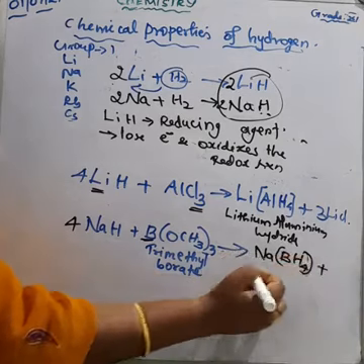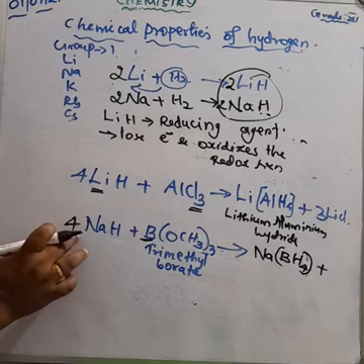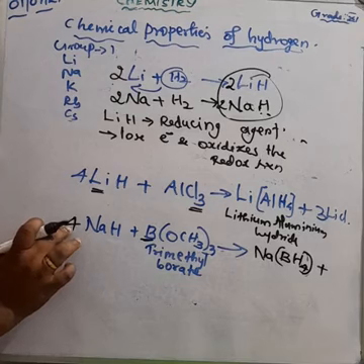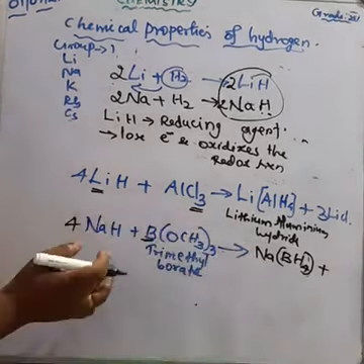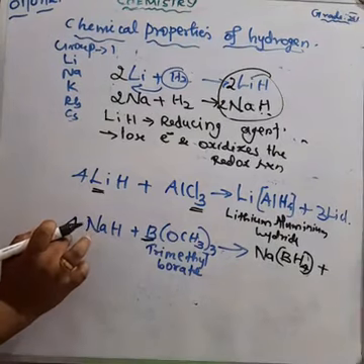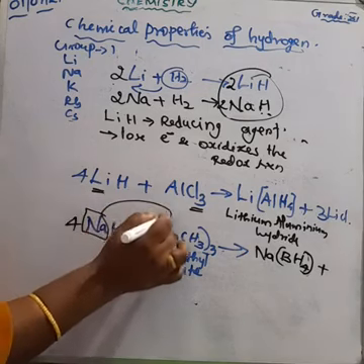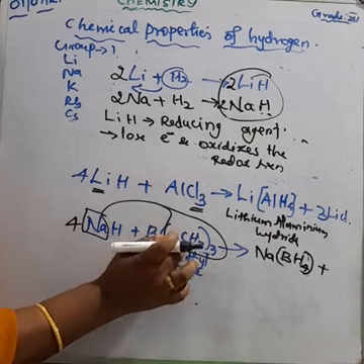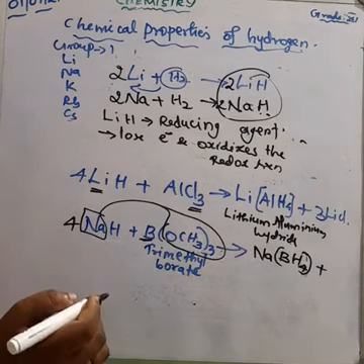What is the remaining product here? The byproduct. Only 1 sodium we took here, but the remaining 3 sodium atoms are left. These 3 sodium atoms combine with the 3 methoxy groups to form sodium methoxide.